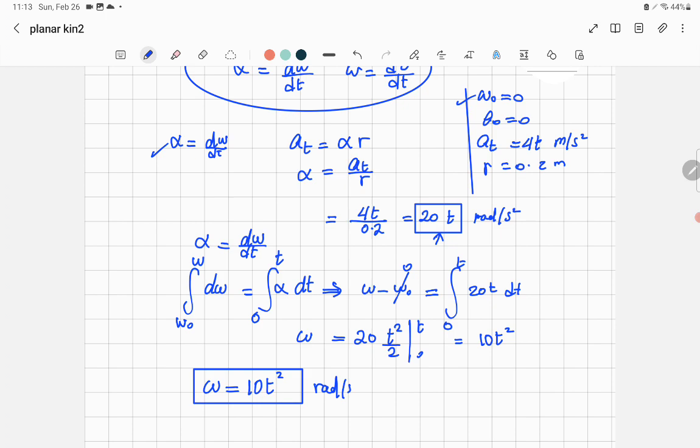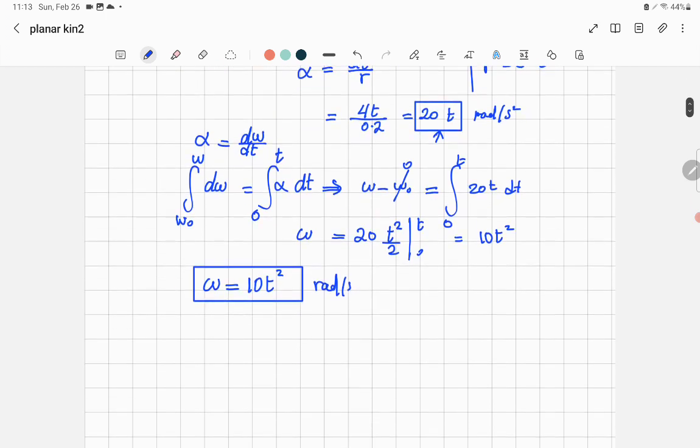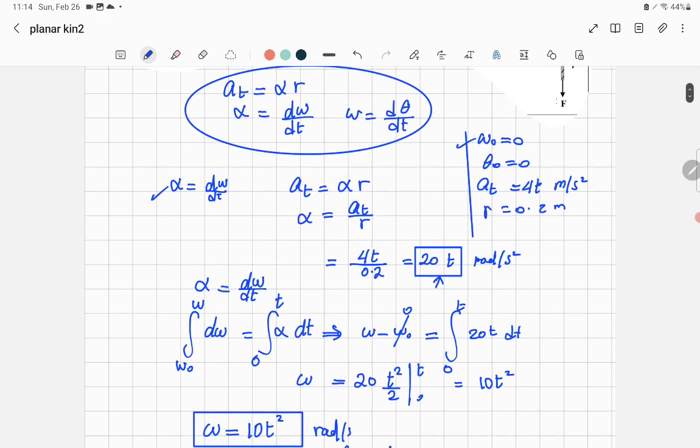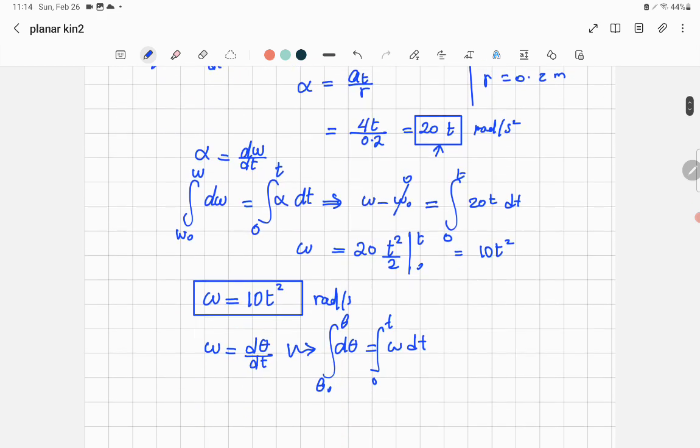Well, now I want to find the displacement. I know that omega is equal to d theta by dt. I'll do the same thing. So d theta is equal to omega dt, and I'll integrate both, from the initial position to any position, from 0 to t. The initial position was given as 0.